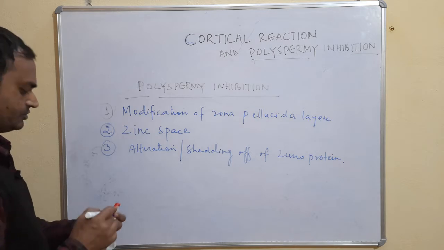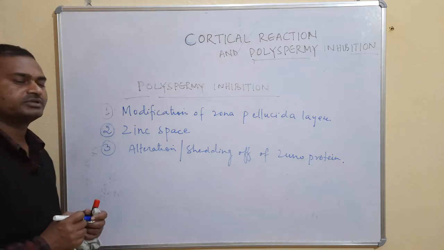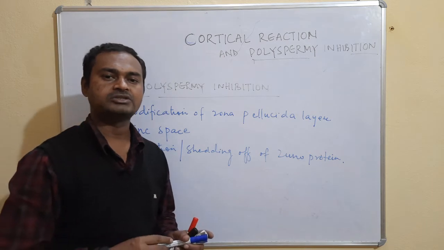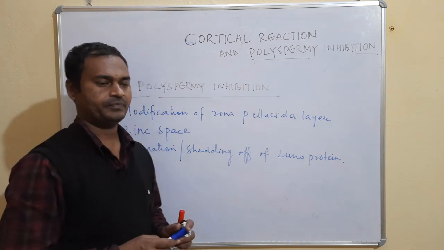Under these three headings, we will try to understand how polyspermy inhibition occurs in the egg.